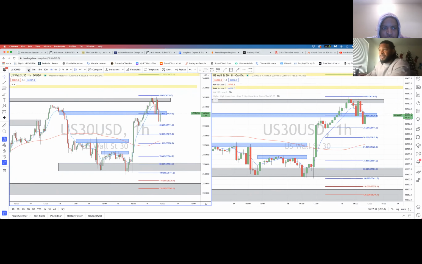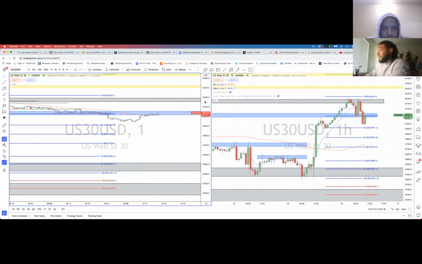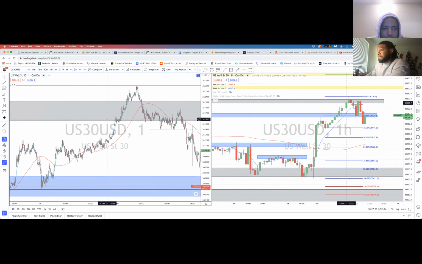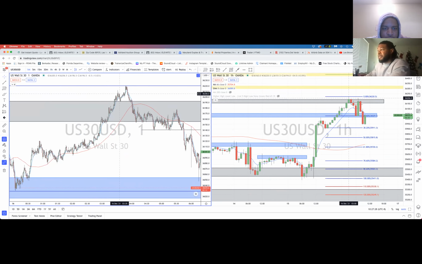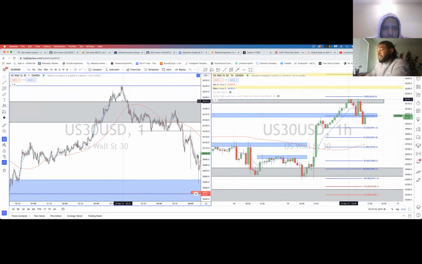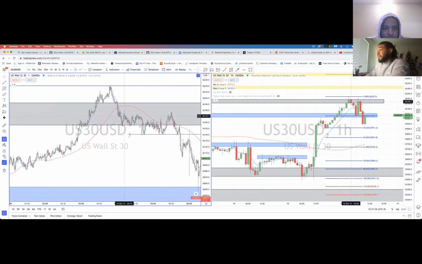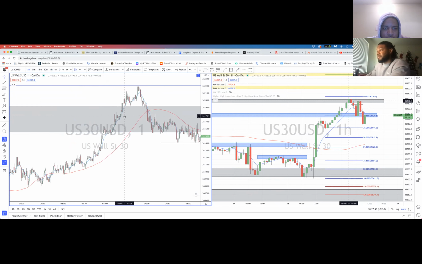And what I've been doing is actually scaling down to the 1 minute. I'm looking for the minor break in structure and retest, or momentum in the market.